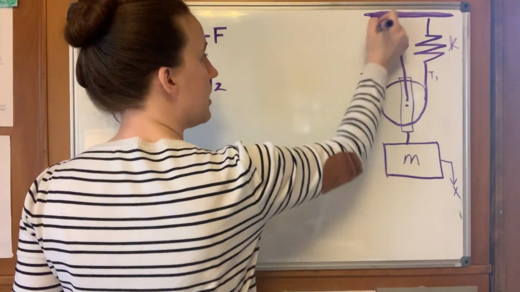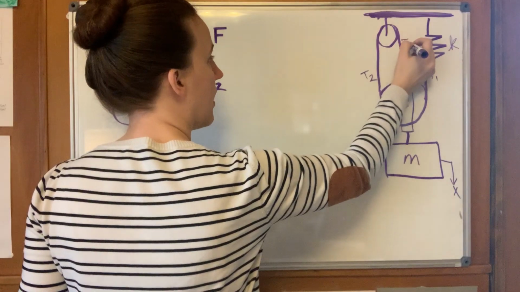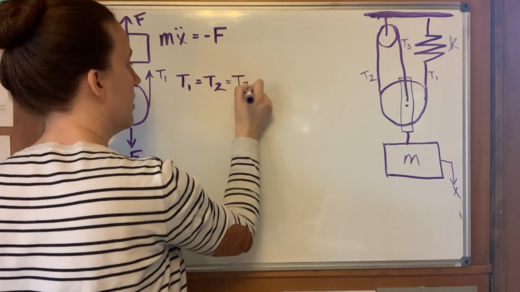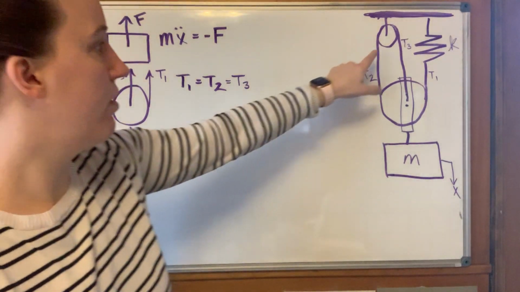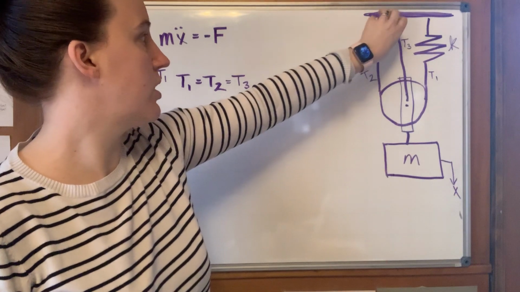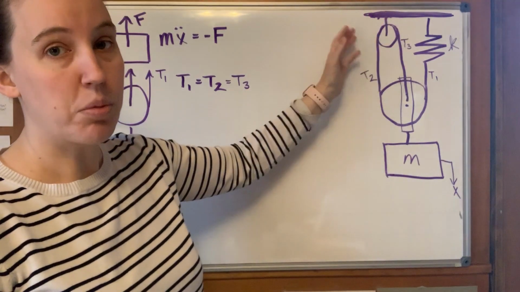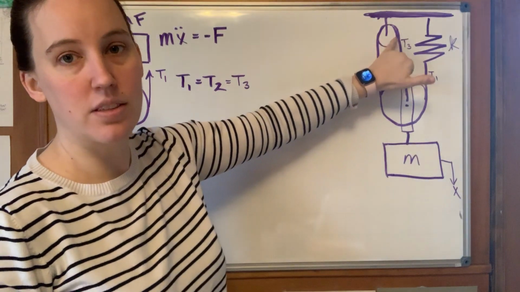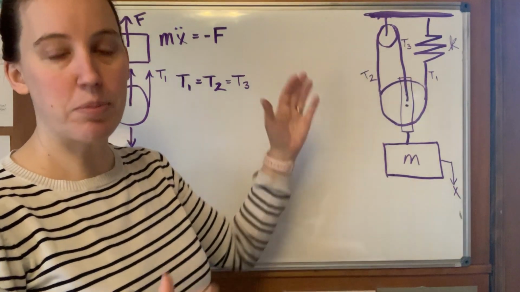And then similarly, T2 has got to equal T3, because if this was more than this, then this thing would have to have some change in angular momentum, but that's impossible because it has to have zero angular momentum because it has zero moment of inertia because it's massless.